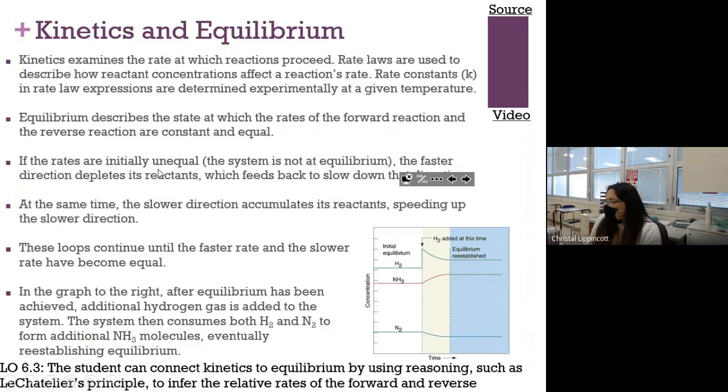If the rates are initially unequal, the system isn't in equilibrium, the faster direction depletes the reactants, which feeds back to slow down that direction. At the same time, the slower direction accumulates the reactants, speeding up the slower direction. Eventually, they loop until they become equal. The rates become equal, and that's when your equilibrium is established.